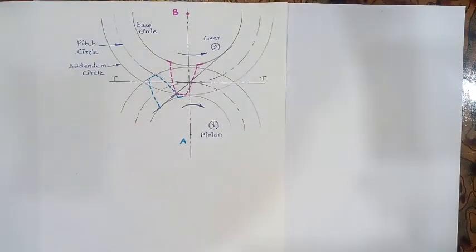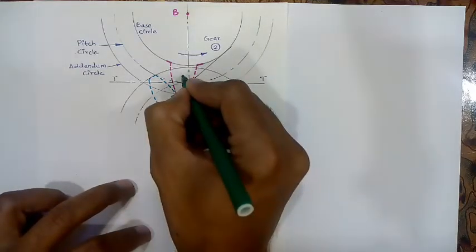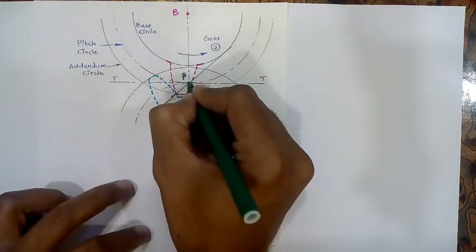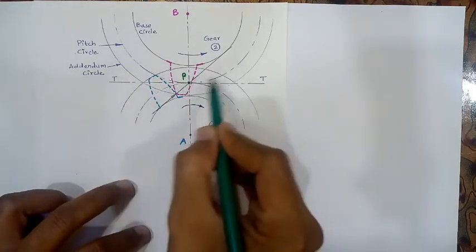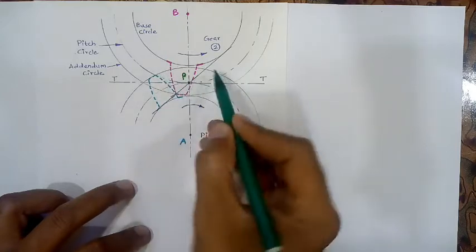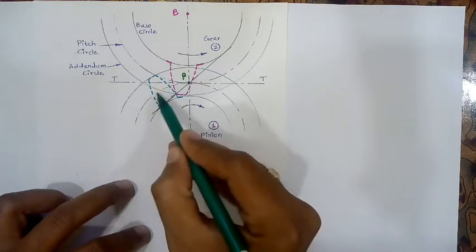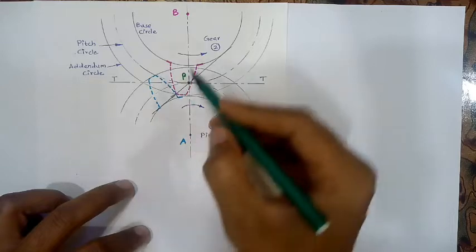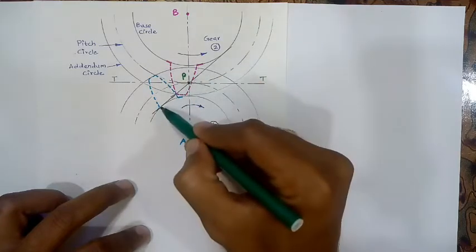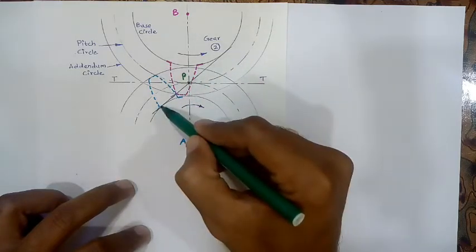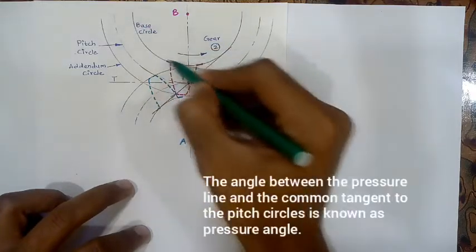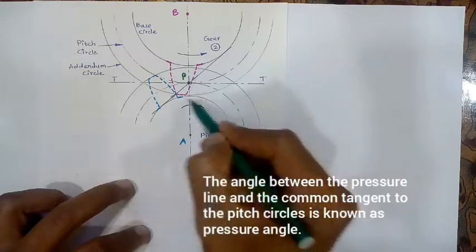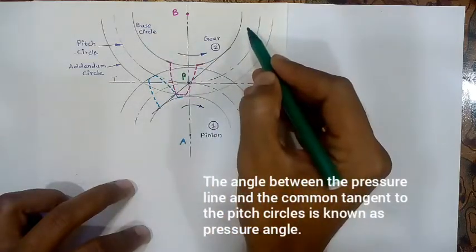I indicate the pitch point by point P. This pitch point is the point of contact of the two pitch circles, that is, the pitch circle of the gear and the pitch circle of the pinion. So the line of action always passes through the pitch point, and it is tangent to the base circles of pinion and gear.